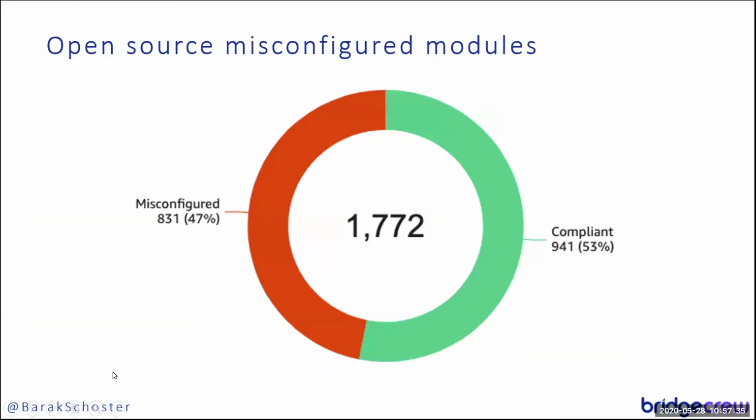So what I did is I used the tool that I've developed and sampled 1,700 GitHub repositories that have infrastructure modules, Terraform modules, within them. And what I found is that 47% of those modules were misconfigured. Those are the different misconfigurations that we've talked about before, like having a public resource or unencrypted resource in the cloud.